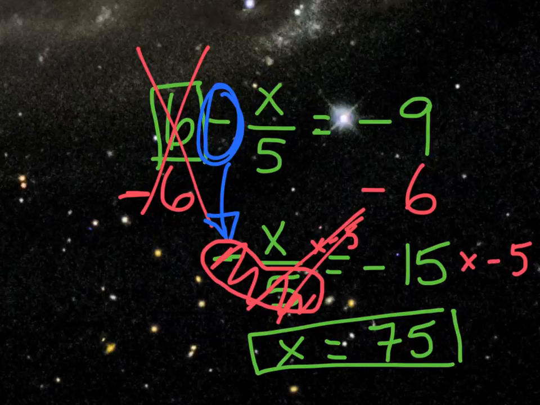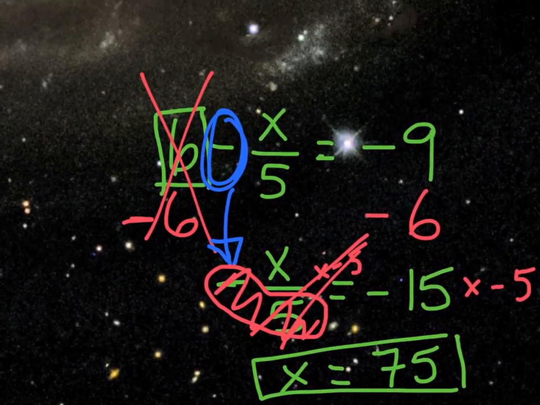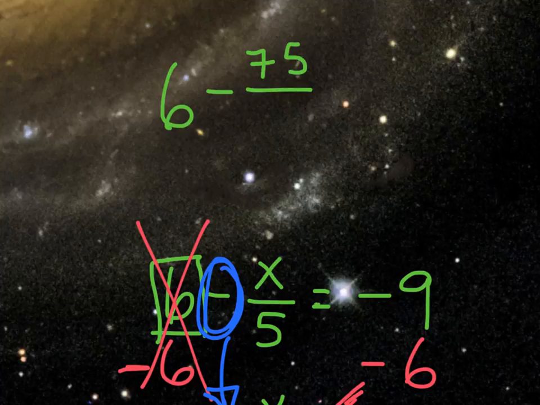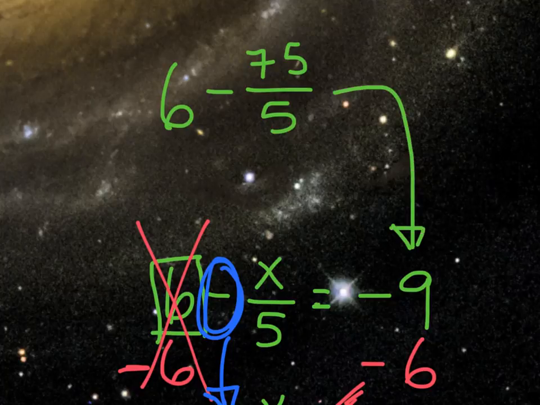I'm actually not 100% sure on that, so it's actually a good idea to double check again. Let's go up here. So 6 minus, and I'm going to replace x with 75. That's what I got as my answer. Over 5. And if I calculate this, I'm hoping we get an answer of -9.